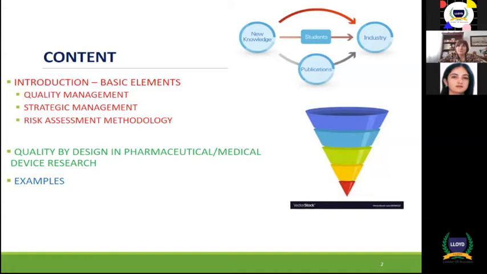I would rather share my way of thinking concerning QBD, and I want to show you all the successes and the publications we have from the past 5 years, what we have as an experience in implementing QBD in pharmaceutical research, independently of whether it's a pharmaceutical development or a medical device.